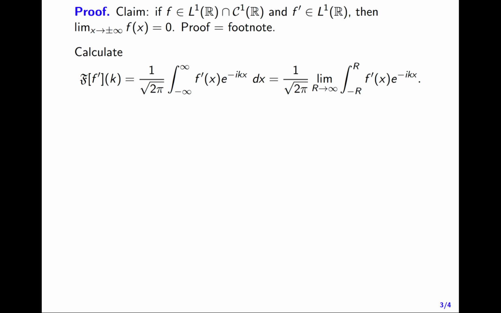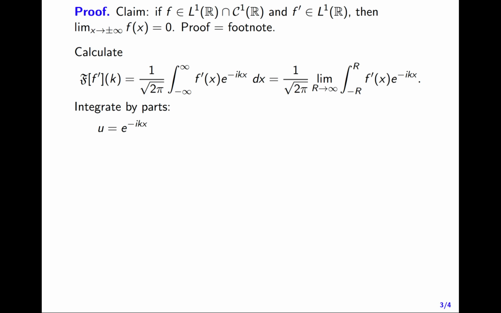This integral from minus infinity to infinity of f prime times e to the minus ikx is really the limit as r goes to infinity of the integral from minus r to r of f prime of x times e to the minus ikx. We remember that existence of the symmetric integral does not imply L1 integrability, but L1 integrability does imply the existence of the symmetric integral limit.